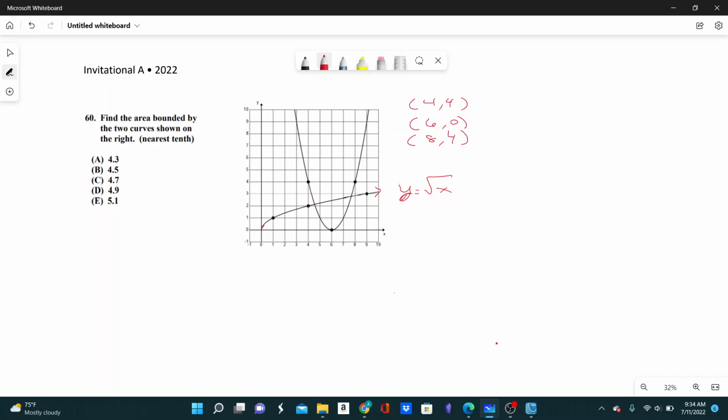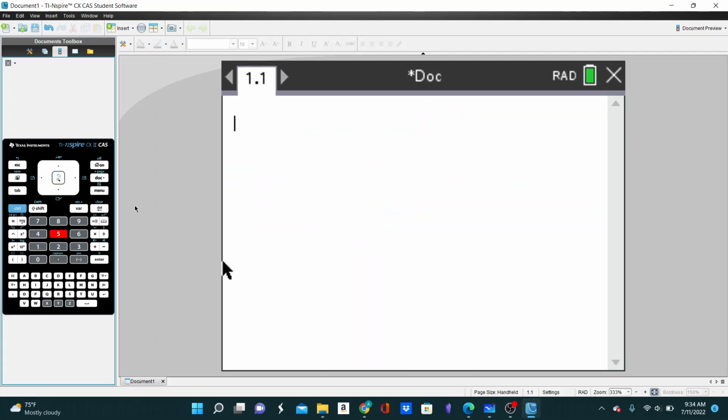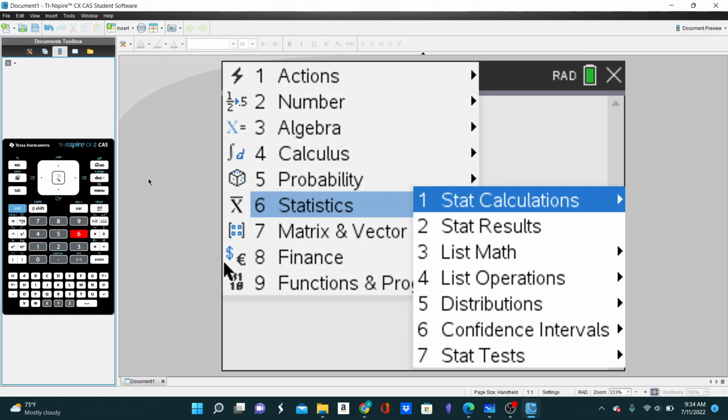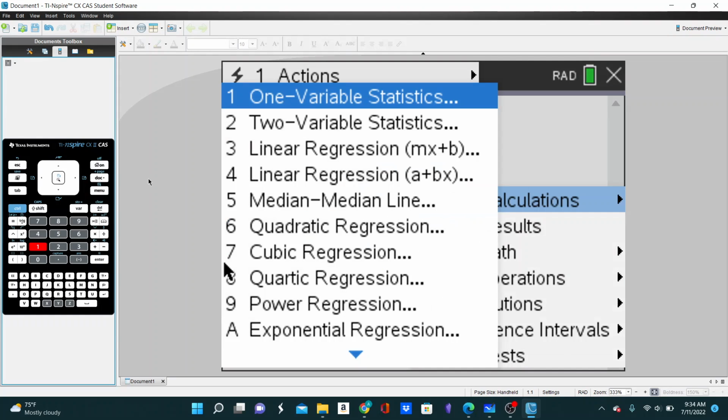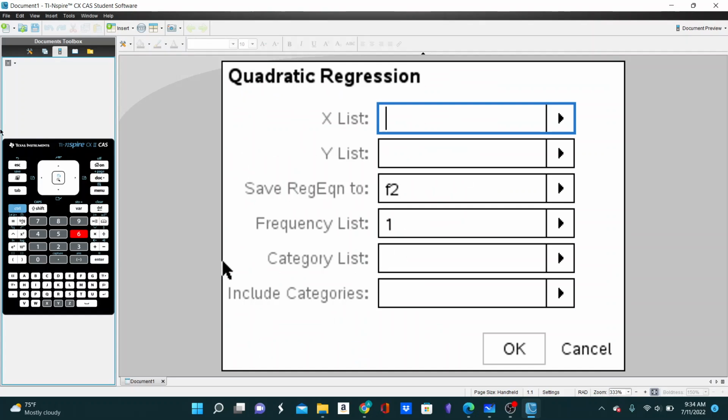So I'm going to go to my calculator and do menu, statistics, stat calculations, and the number 6 is quadratic regression.